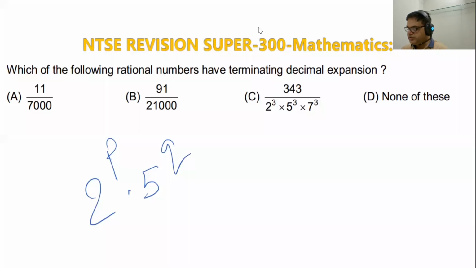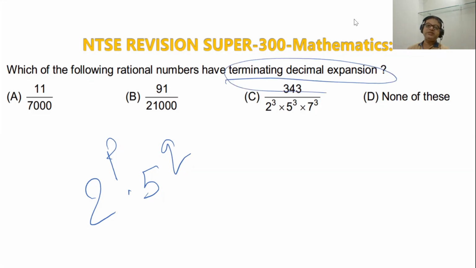The question is, which of the following rational numbers will have terminating decimal expansion? Remember your chapter number 1, last part of the chapter.